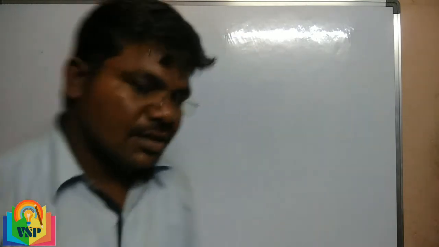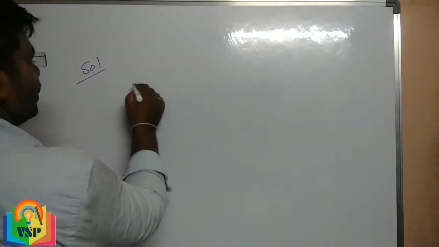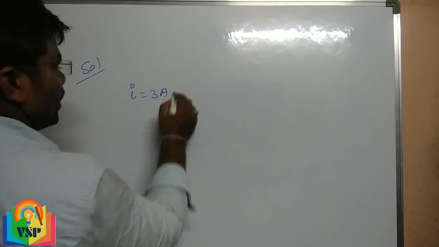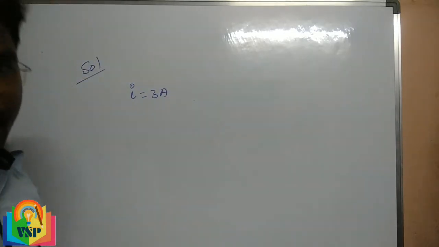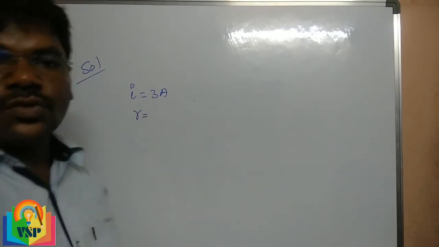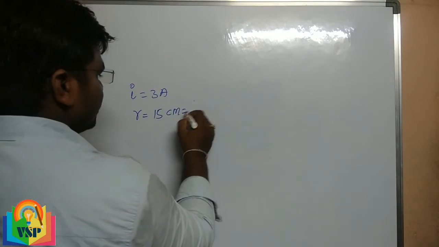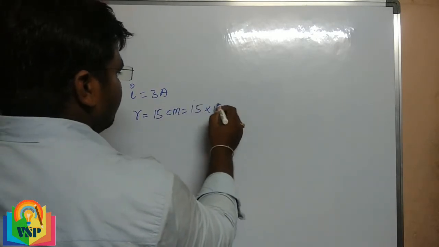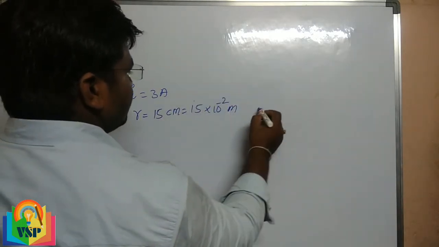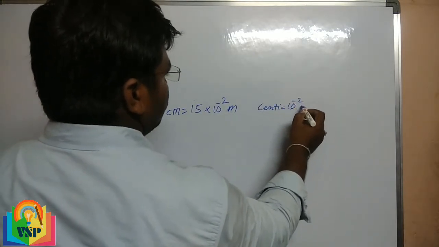Problem. In this problem they have given current I is equal to 3 amperes, radius r is equal to 15 centimeters, which is 15 into 10 power minus 2 meters, because centi means 10 power minus 2.